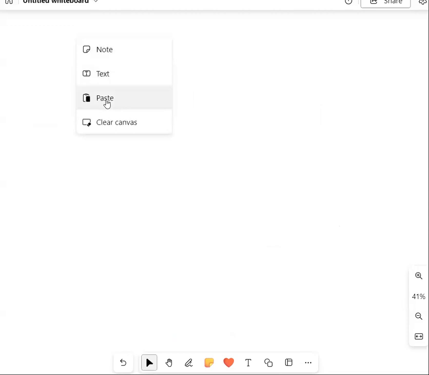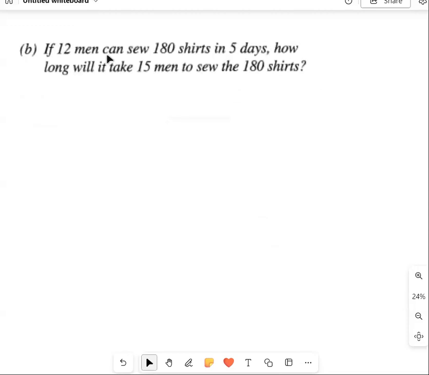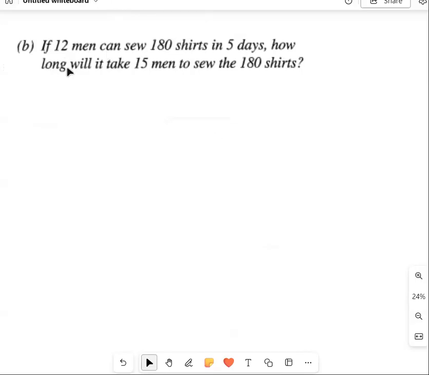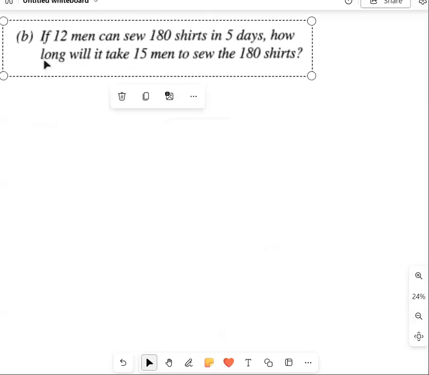Look at this one. Right? So they have one here. 12 men can sew 180 shorts in 5 days. How long will it take 15 men to sew the 108 shorts?